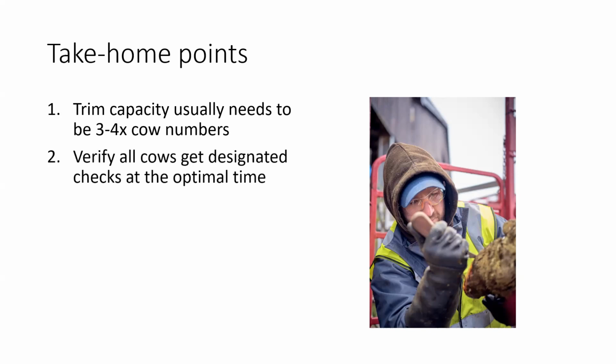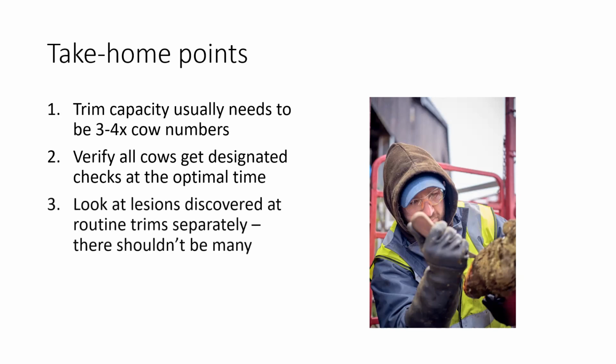And we want to verify that all those cows are getting checks at the designated time. So verifying the protocols are working and being met, and that can open up some really useful discussions. And then we want to look at the lesions that we're finding at those foot checks, but analyze them separately from the lame cow foot checks. It's important to differentiate the two.